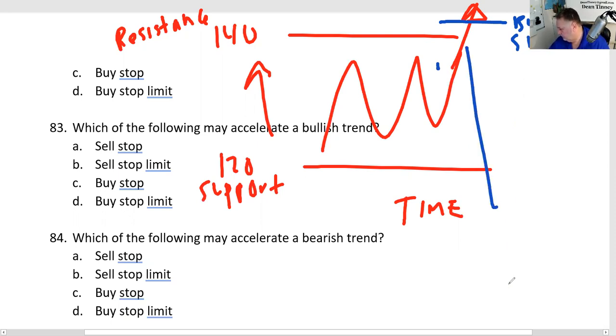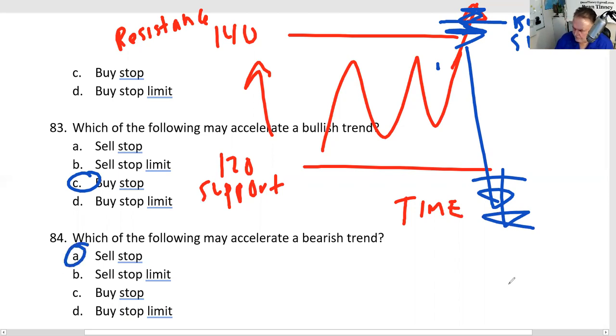So as the stock goes up, all these buy stops get triggered. That accelerates the bullish trend. And if it comes down, all these sell stops get triggered. That accelerates the bearish trend. Now it's not a buy stop limit because that buy stop limit may or may not ever get executed. So, the most appropriate answer would be that one.